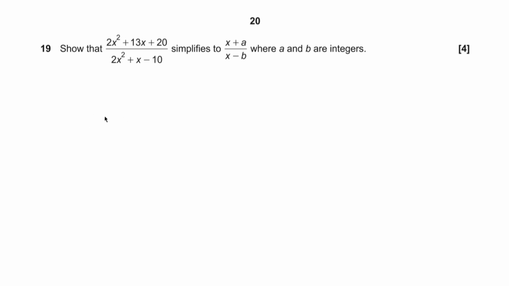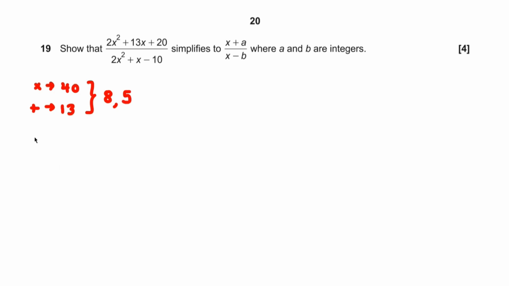If I think about my numerator, what I'm after are two numbers which multiply to give 2 times by 20, which is 40, which add to give 13. What are those two numbers? Well, I've got 8 and 5.